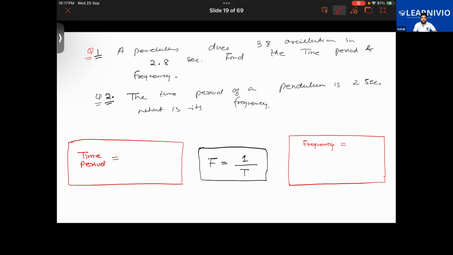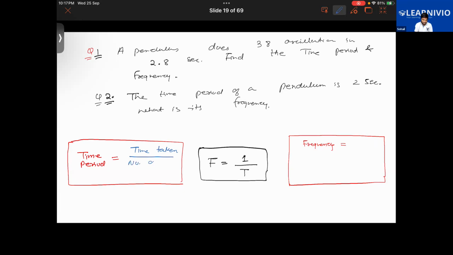Okay, you guys tell me, what is the formula for the time period? What did I tell you guys? Yes, Priyanka? Sir, time divided by number of oscillations. Okay, so it's the time taken to complete a given number of oscillations.